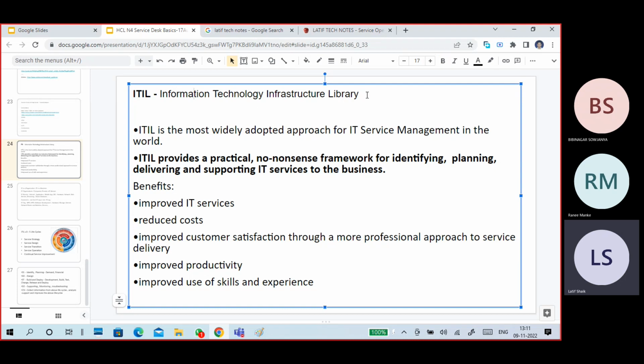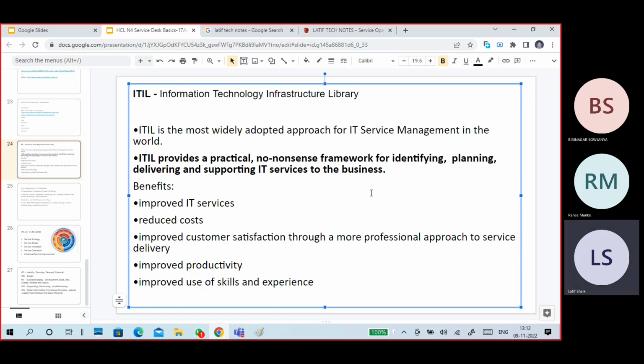ITIL is the Information Technology Infrastructure Library. ITIL provides a practical, no-nonsense framework for identifying, planning, delivering and supporting IT services to the business. What is a framework?